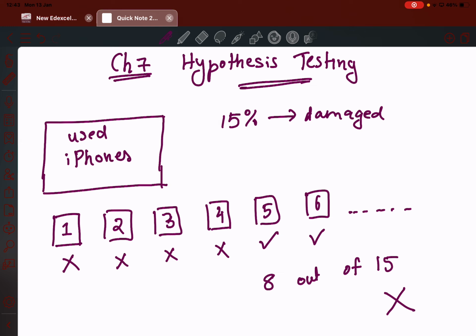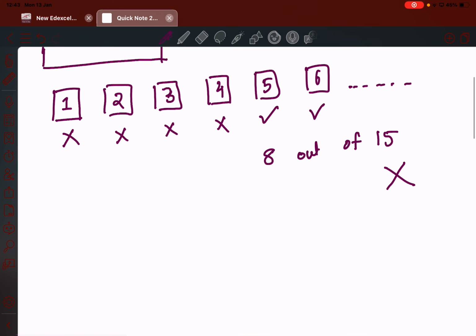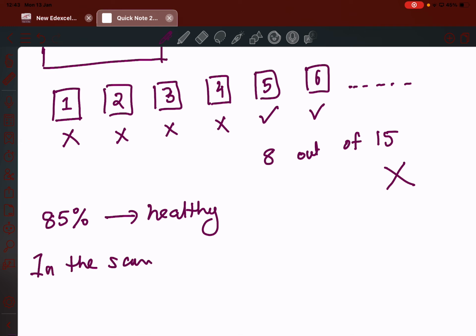His claim is only 15% of them are damaged, which means 85% of the phones should be healthy. Okay? We took a sample, and out of the sample, how many are healthy? We said only 7 are healthy. So in the sample that we took, only 7 out of 15 are healthy.